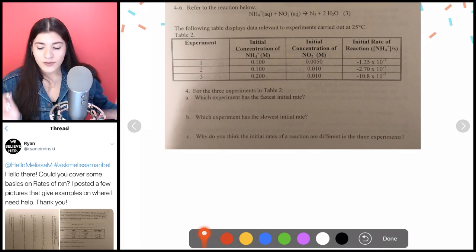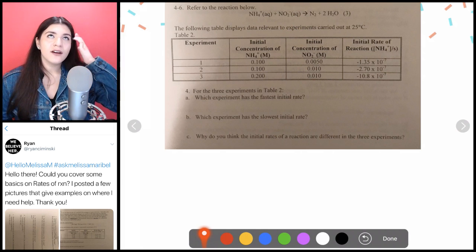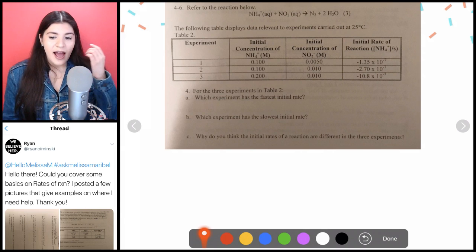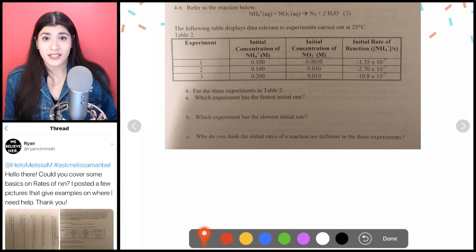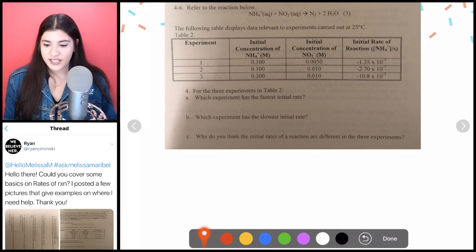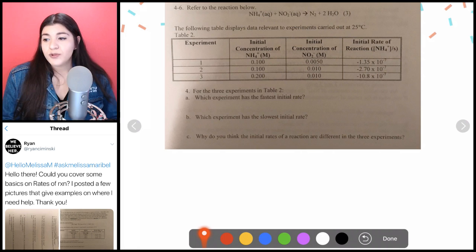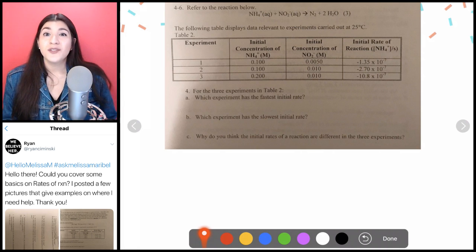Before I even talk about every little thing here, I just want you to think of what we're going to focus on, which is how this reaction is progressing. If we were to change the concentration of one of these reactants, would that change the rate? Would it increase? Would it double? Would it do nothing?